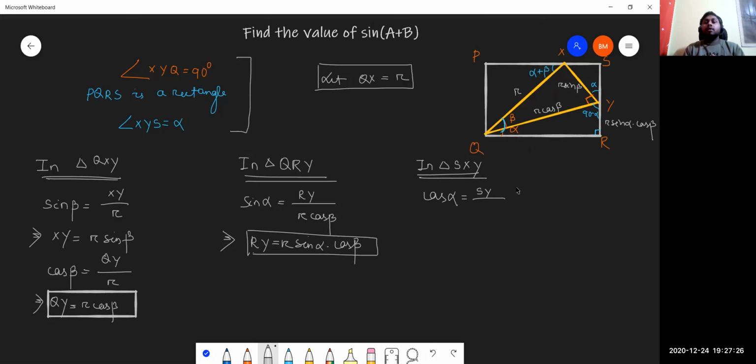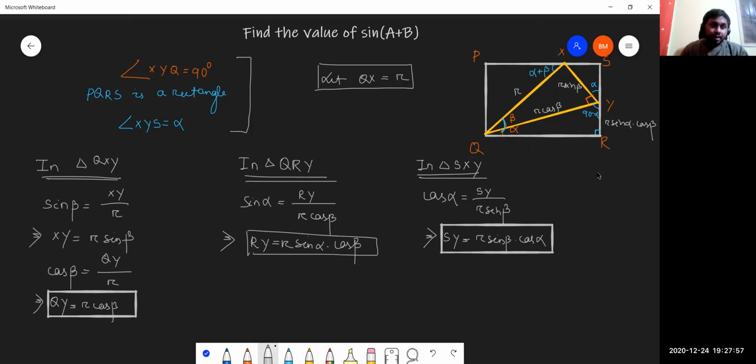I am going for the cos value, that is the adjacent divided by the hypotenuse. So here the adjacent one is SY and the hypotenuse is r sine beta. So SY will be r sine beta times cos alpha. So here also we got the SY value, and we have the RY value.